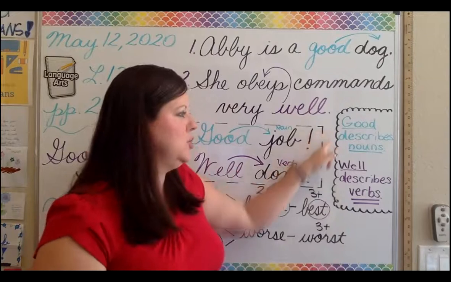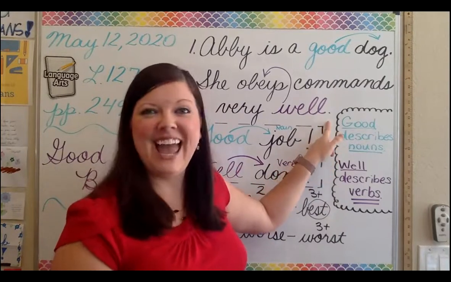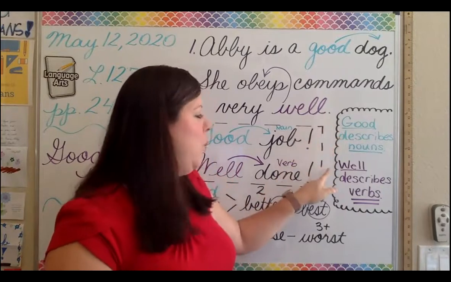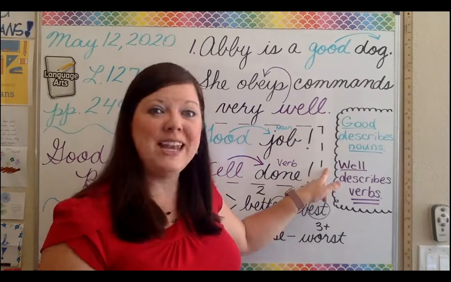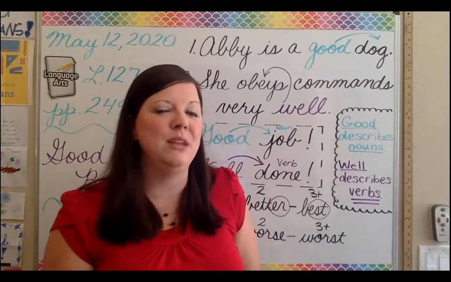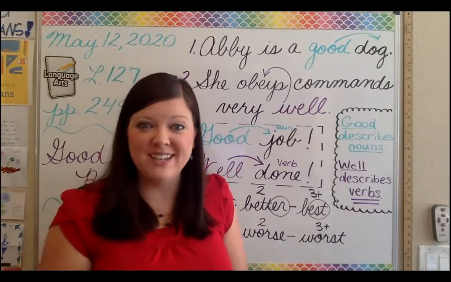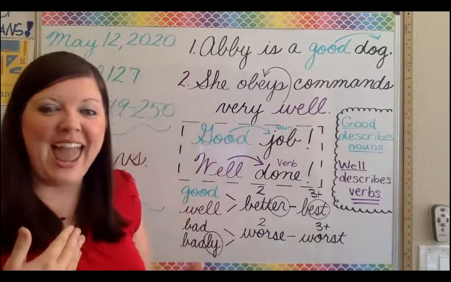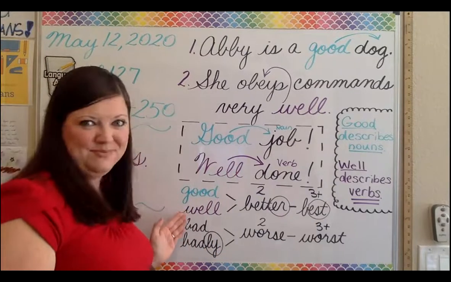Okay, before I let you loose on your own, let's do just a quick review. Good always describes nouns. That means good is an adjective. Well describes verbs. That makes well an adverb. Unless you're talking about someone's health, then it'll be an adjective. The different forms of comparison with good and well and bad are good and well.